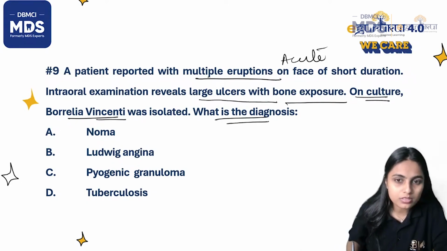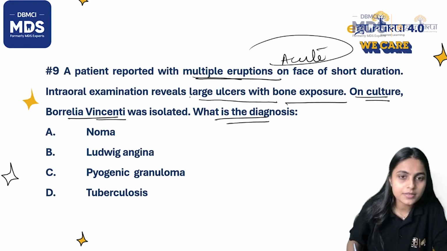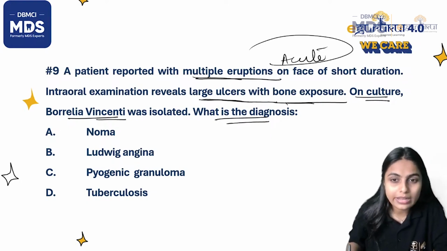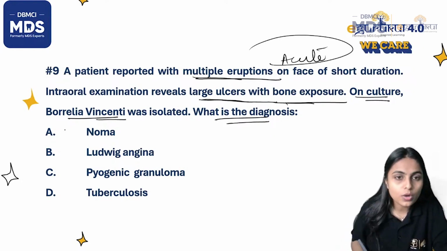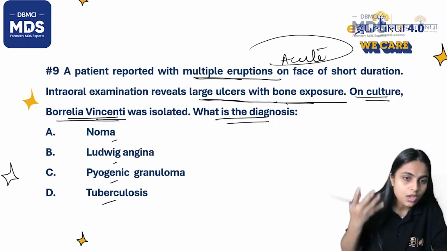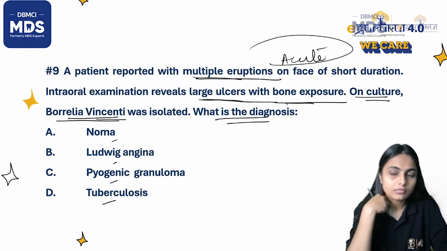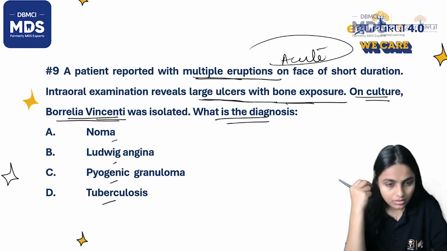What is the diagnosis? Option A, Noma. Option B, Ludwig's angina. Option C, pyogenic granuloma. Option D, tuberculosis. What should be your answer?